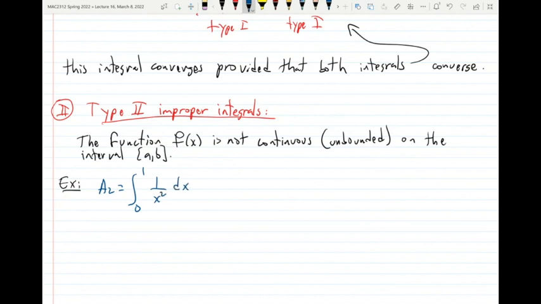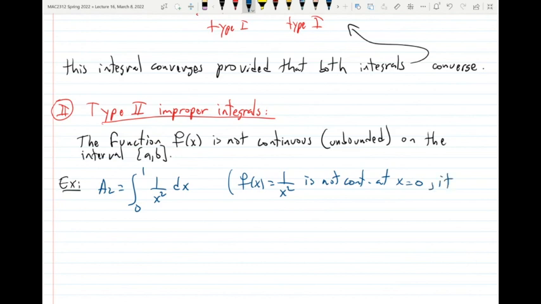You have to be careful because you could be tempted to go ahead and calculate this as an usual integral, but you need to understand that 1 over x squared is not okay at 0. Note that here f of x equals 1 over x squared is not continuous at x equals 0. It is actually unbounded.